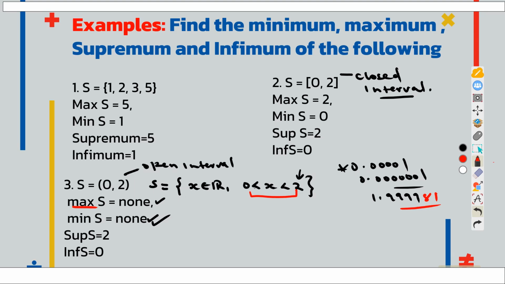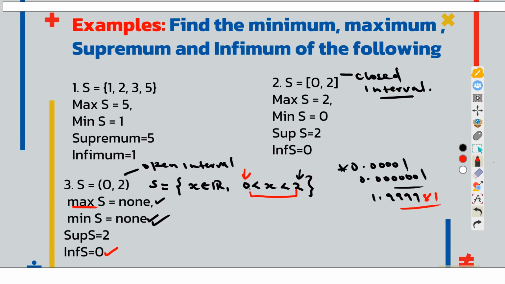However, all the numbers you think about cannot go below 0. So 0 qualifies to be the infimum. For any number you think about, that number will be greater than or equal to 0.